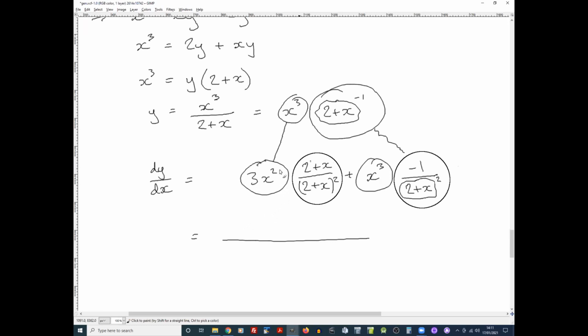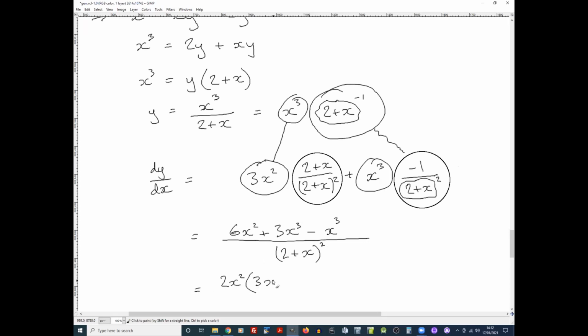Sorry, how are you expanding? Which I hope you are. We've got this on the bottom, haven't we? So I got 6x squared plus 3x cubed minus x cubed, which then gives you 2x squared times x plus 6 over 2 plus x squared. Yeah, now I get you. You were on the next line. Fine.